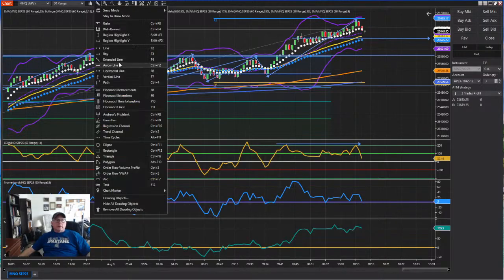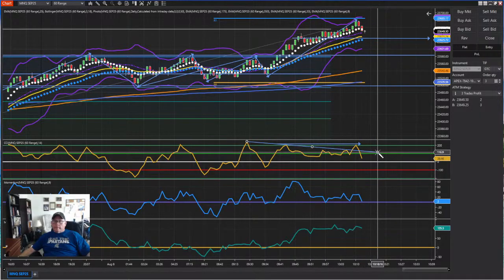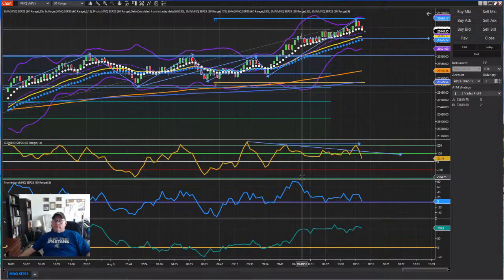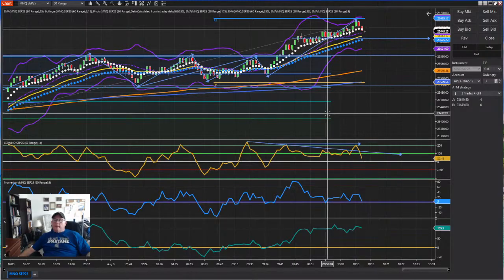So what's got me confused is the break right here. Coming down to the 0, we might have a short signal if we can get below the 0 line here.